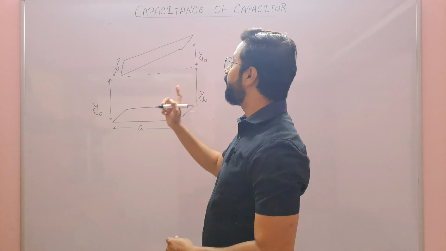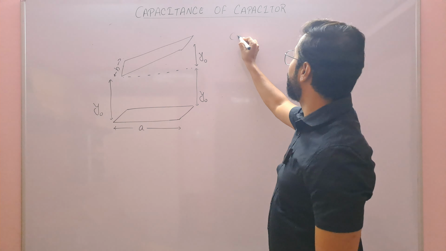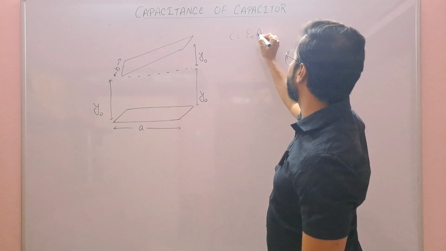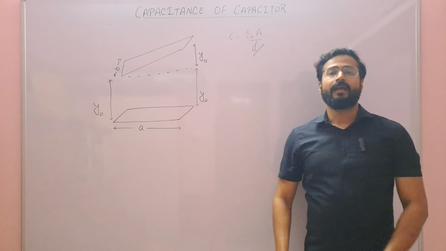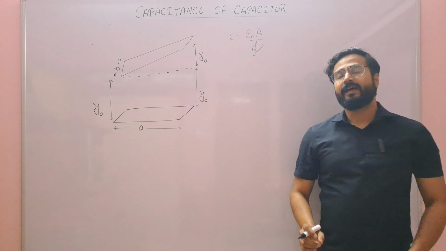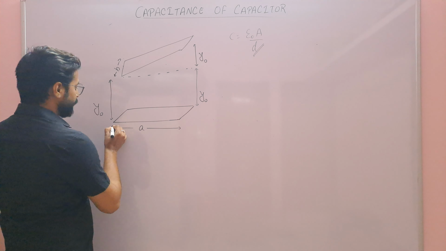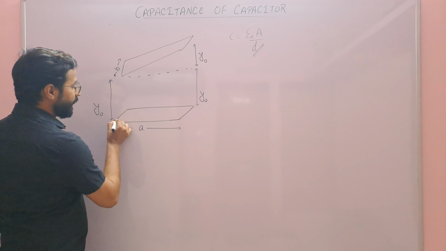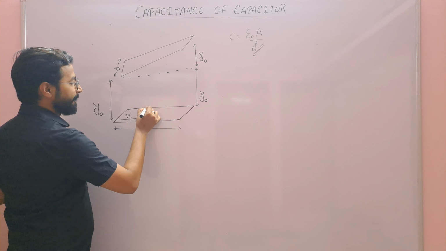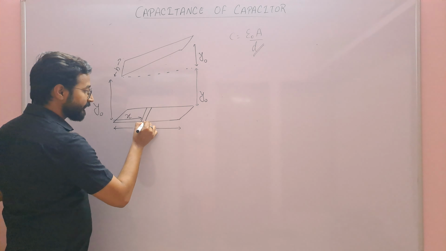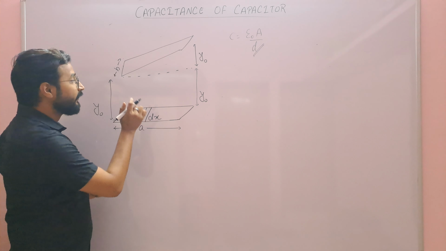If the distance between both the plates is variable, then in the expression C is equal to epsilon naught A upon d, we get this d as variable, and if we get a variable, we have to use integration. So for integration, from this end at a distance x, I am considering a section that is dx. The width of this section is dx.